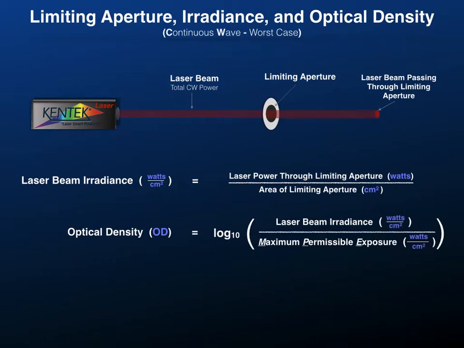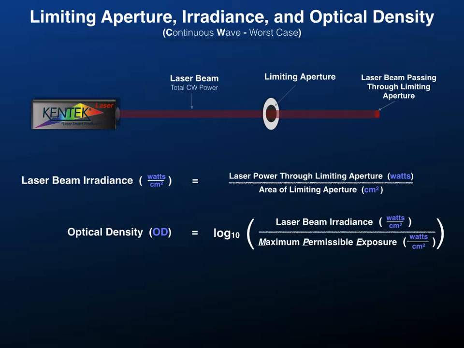Optical density, or OD, is equal to the log base 10, or the common logarithm, of the laser irradiance, which is in watts per square centimeter, divided by the maximum permissible exposure, or the MPE, which is also expressed in watts per square centimeter. We need the same units because these need to cancel out, because OD is simply a value.